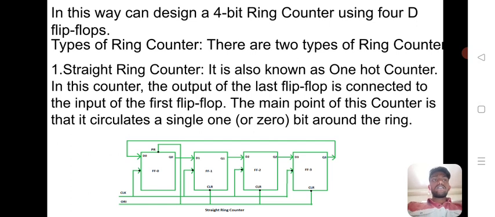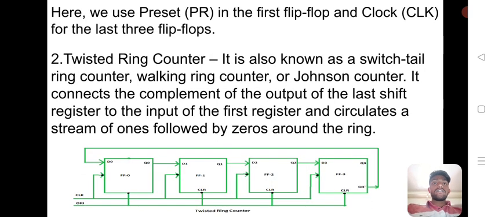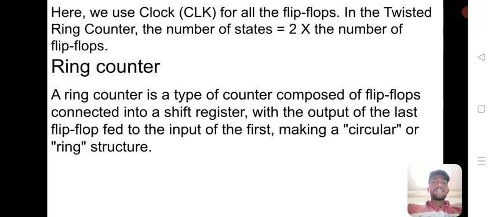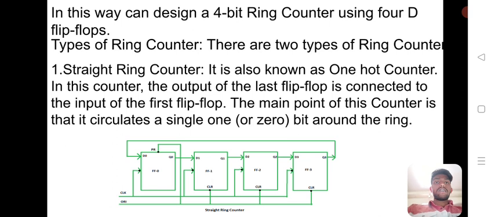In this way we can design a 4-bit ring counter using four D flip-flops. Types of ring counter: straight ring counter and twisted ring counter. Straight ring counter is also known as one hot counter.